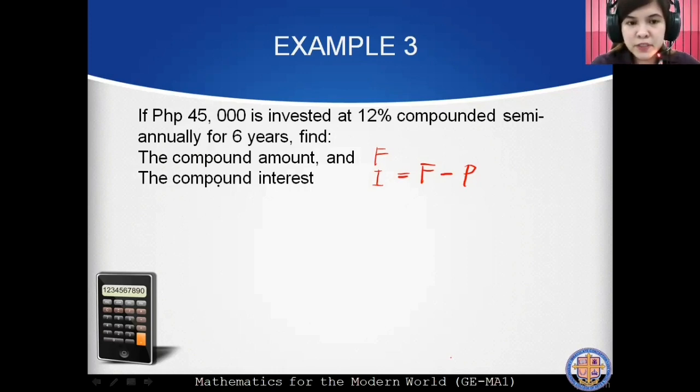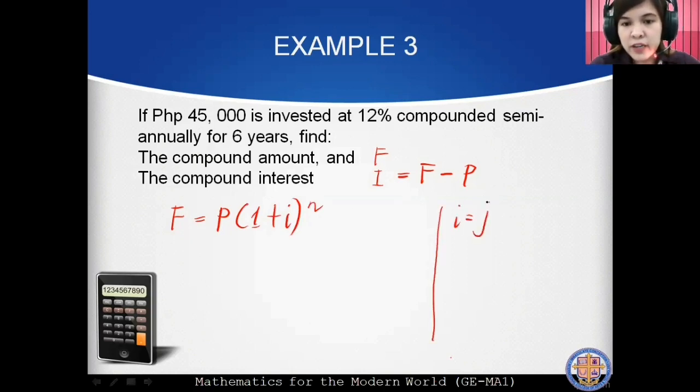Let us compute. The first one, the compound amount. The formula for the compound amount F is equal to P times 1 plus I raised to positive N. First things first, we need to compute I, which is J divided by M. Our J is this one.